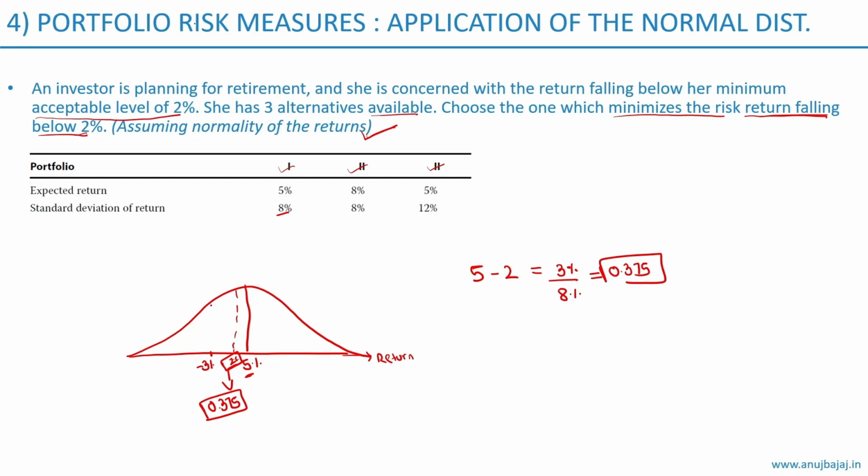Now, if you look at the table that we have seen earlier, the percentage of observations lying below 0.375 deviation is 35.57%.